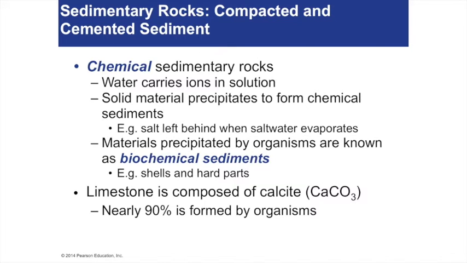Much of what you're going to see around us is limestone. Limestone is lots and lots of calcite. And calcite here at the bottom is calcium carbonate. Okay, calcium carbonate. Calcium is a metal. Carbonate is the negative, so CO3 is the negative.